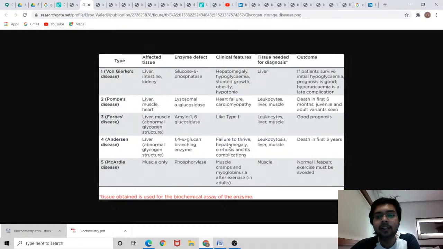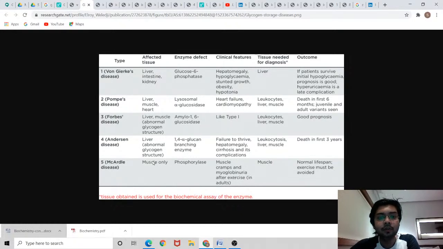Anderson disease is failure to thrive, hepatomegaly, cirrhosis and its complications. Why? Because there is abnormal glycogen structure. McArdle disease is only muscle involved, that means muscle cramps, myoglobinuria after exercise, and the liver is not involved.